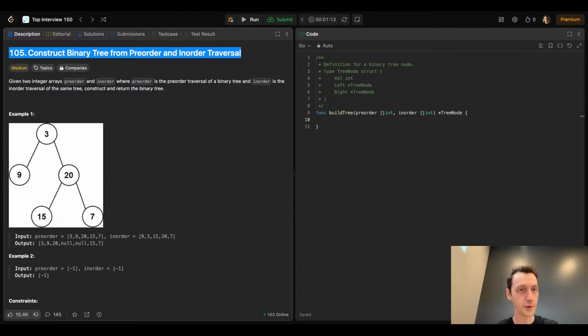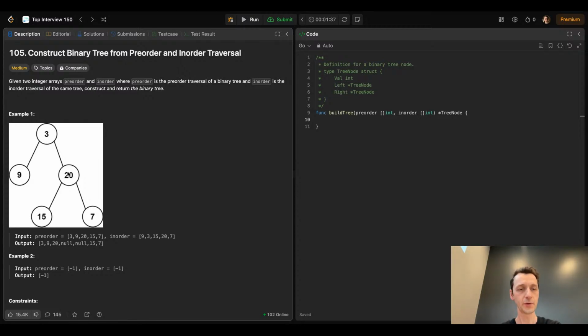So, we need to construct a binary tree, which is a graph, which is a bunch of nodes where there is a parent, and the parent can have up to 2 children, left and right.